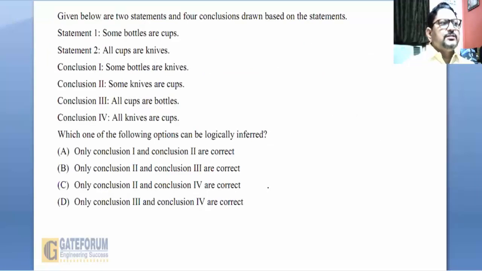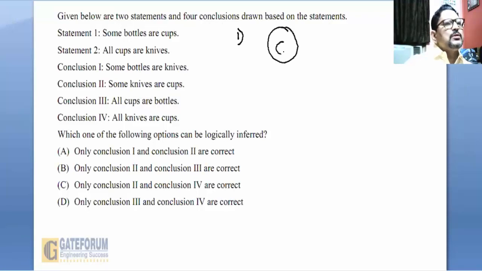These are syllogism problems. Given below are two statements and four conclusions based on the statements. So statement number one says some bottles are cups. So how can we represent these in terms of a Venn diagram? See, some bottles are cups, where B stands for bottles and C stands for cups.